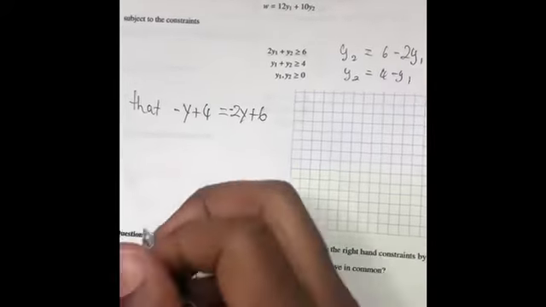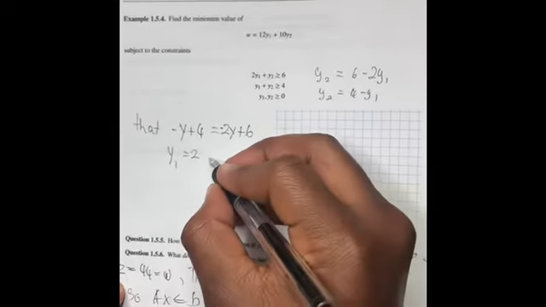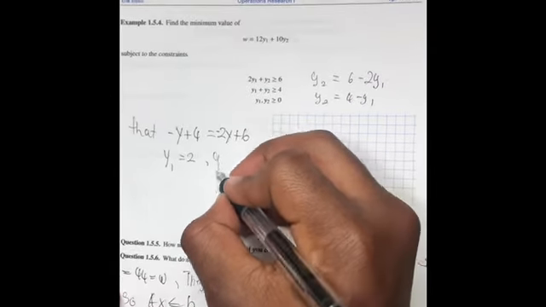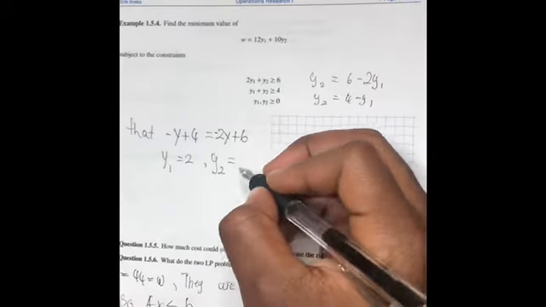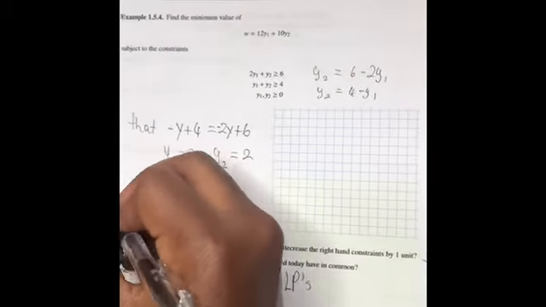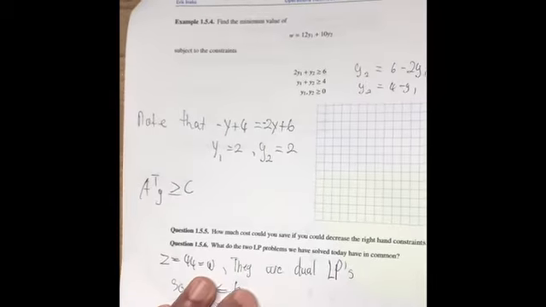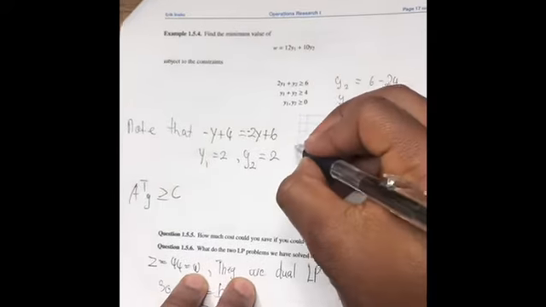So from this we can see that y1 is equal to 2 and y2 is equal to 2 also. So now we'll try to graph this.